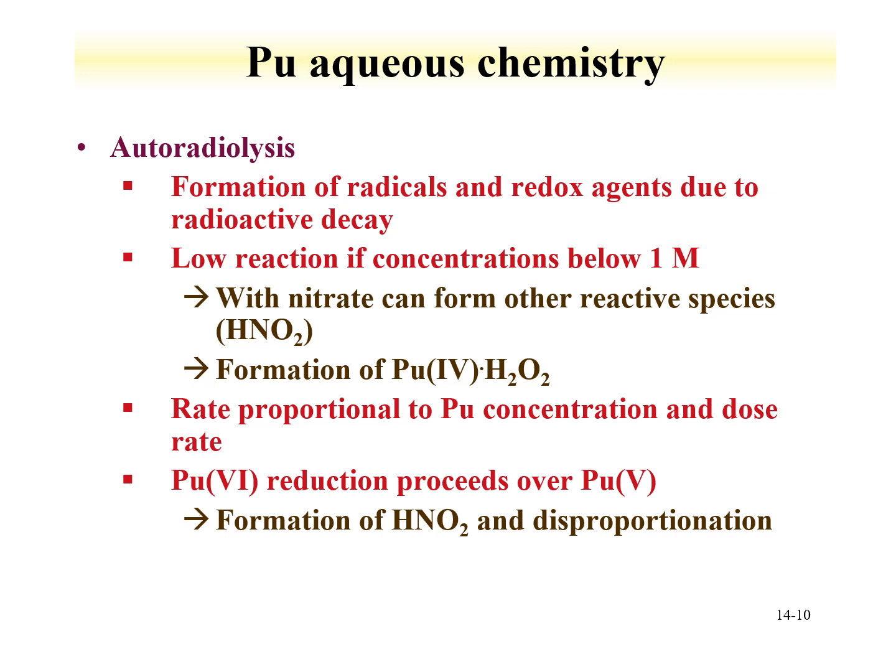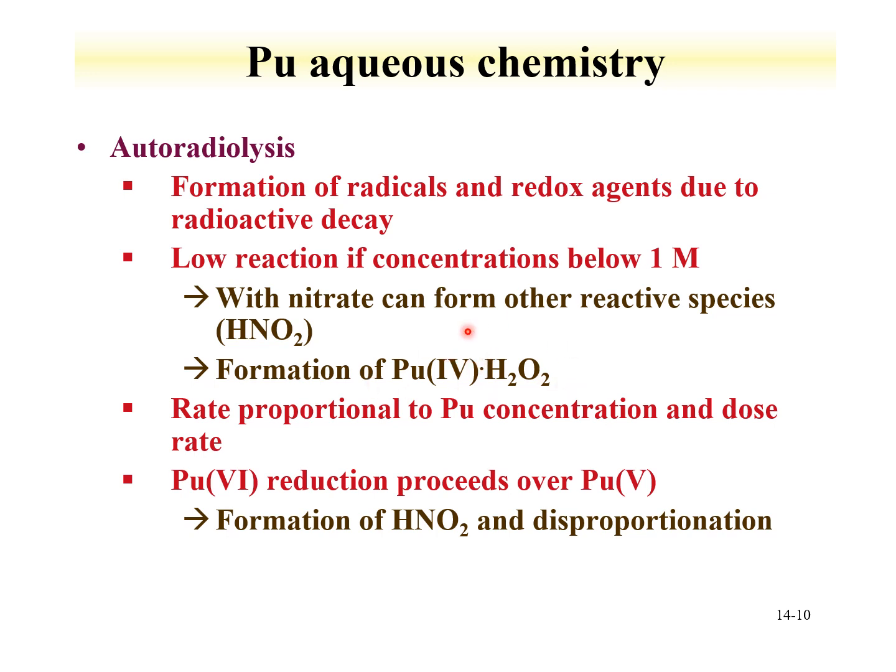One of the things we also see is autoradiolysis, where the fact that plutonium is radioactive means it's forming radicals and redox agents due to this radioactive decay. These reactions tend to be low if concentrations are below 1 molar. If it's in a nitrate medium, for instance, you can form nitrous acid.